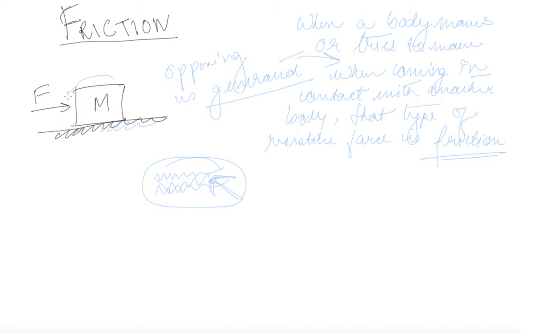Now what factors does f depend upon? That is the frictional force f. I am denoting frictional force with small f and a force that I apply with capital F. Now what factors does f depend upon? It depends upon the surface, that is how rough it is, or what is the frictional coefficient of that particular surface.